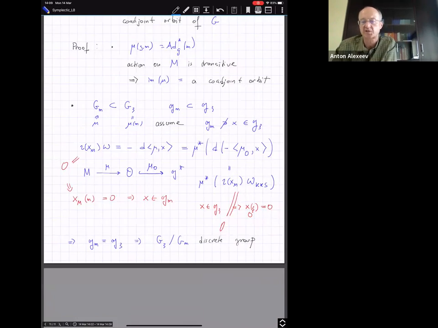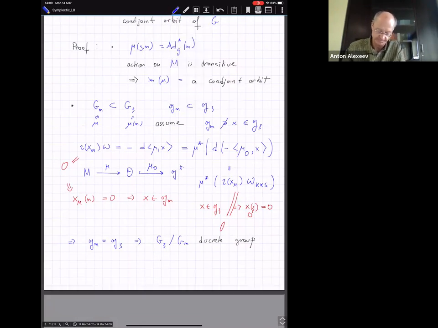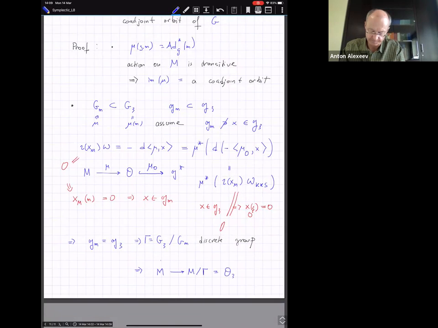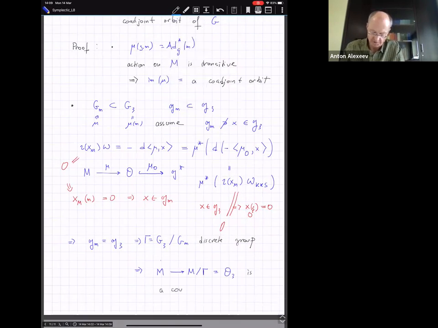So g_m is a connected component of g_psi, and g_psi mod g_m is a discrete group, whatever it is. And this implies the statement that we wanted. So let's call this guy gamma. So M to M mod gamma is a covering space of the orbit.